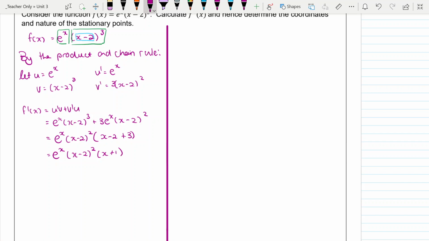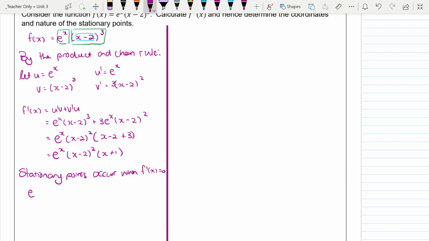And I'm going to communicate to my teacher that I know that stationary points occur when f dashed of x equals 0.